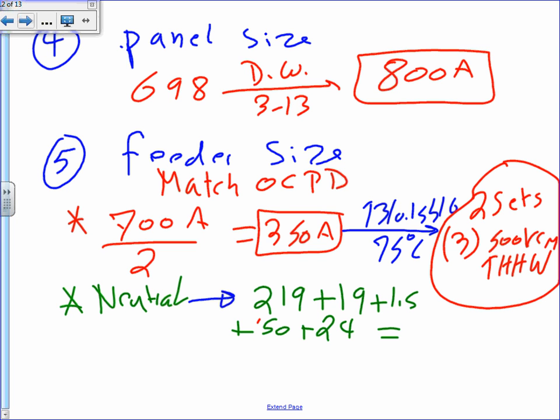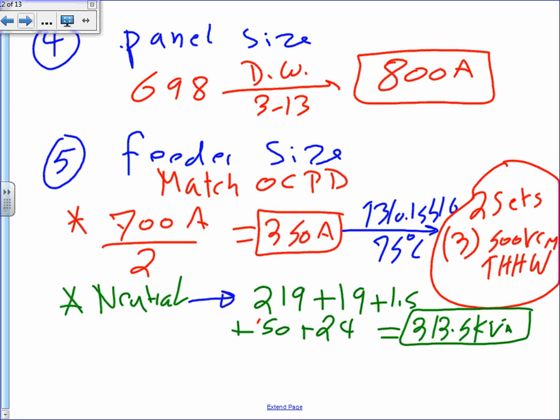Did I miss anything? 1, 2, 3, 4, 5. Any suggestion? How much? 313.5 kVA. Okay, that's a piece of cake, huh?